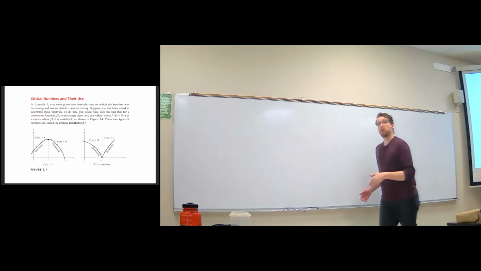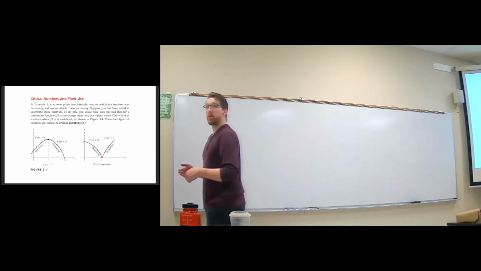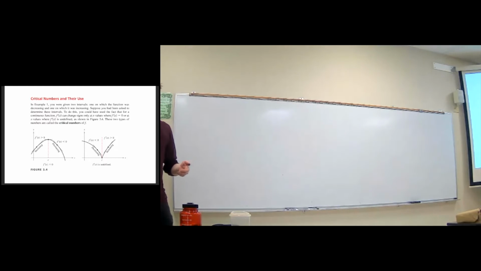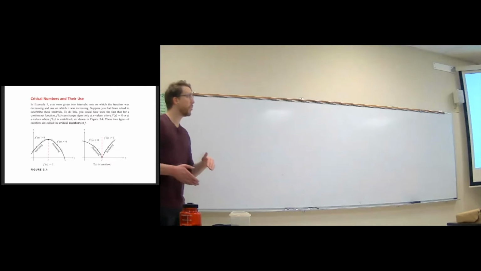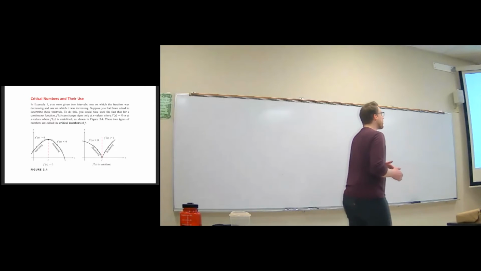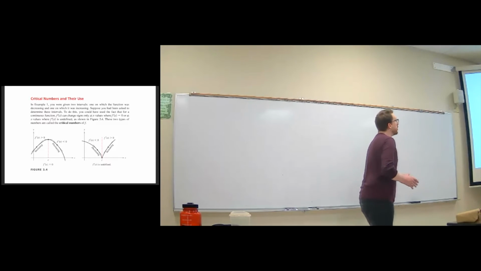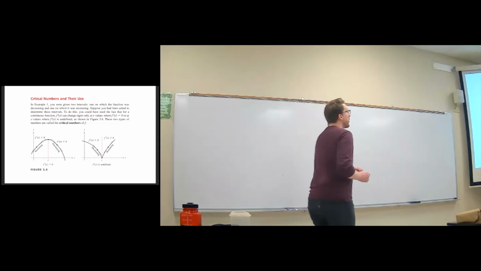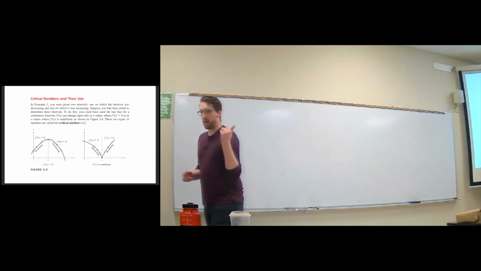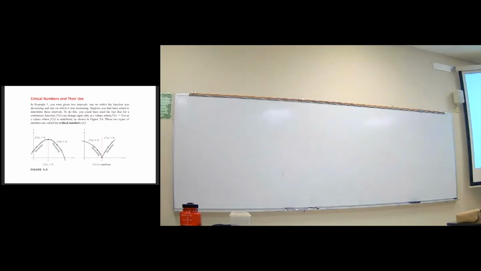It could tell you that you go from positive to negative slope, negative to positive slope. It could tell you that your slope was flattening out and then started increasing again, or that it was flattening out and then started decreasing again. So this critical number tells you something important about the way your function behaves. And this is why I wanted to make this point about the interval thing.